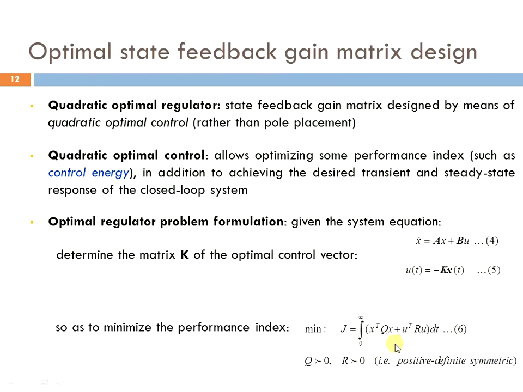The second term is associated with the control vector, and this allows us to take into account the control energy expenditure for this control system. Q and R are positive definite symmetric weighting matrices.